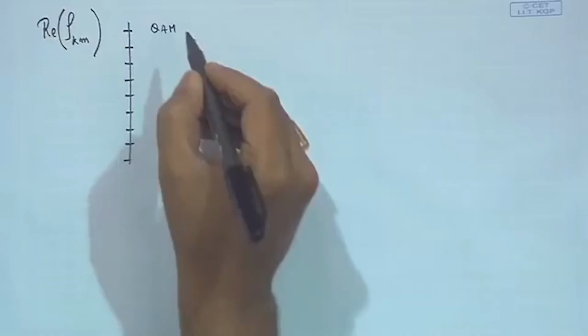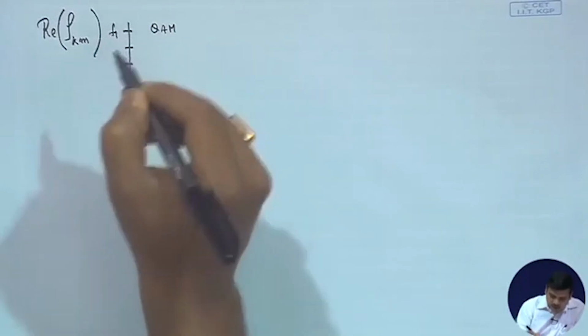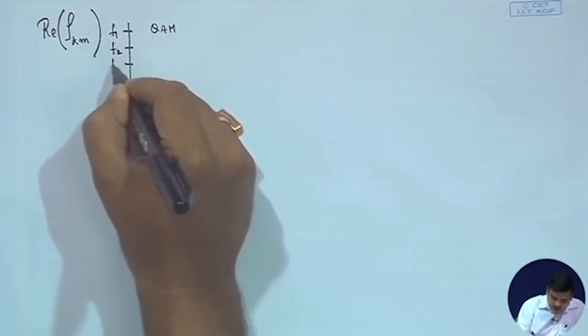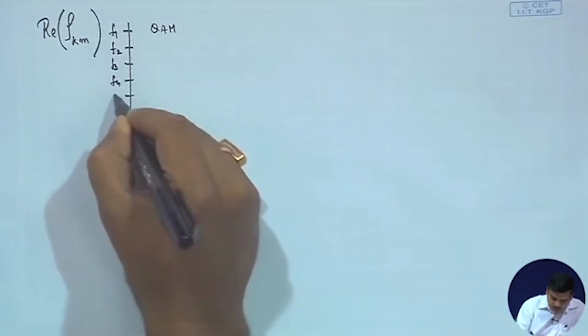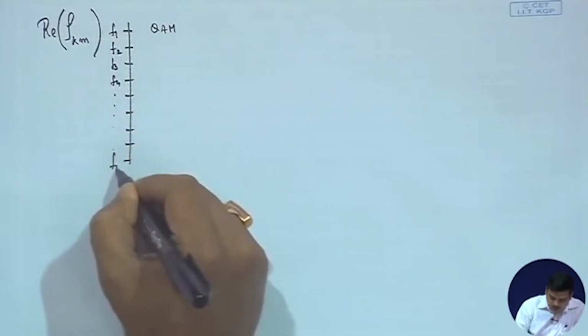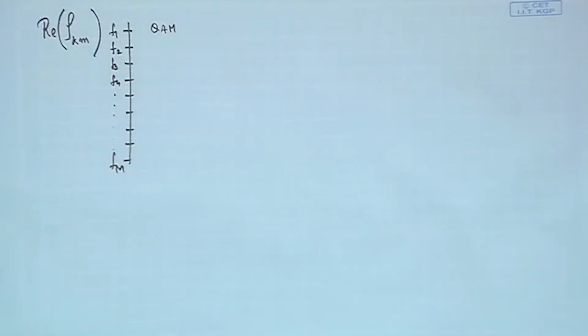Let this frequency be f1, this be f2, f3, f4 up to fm. If any one particular frequency chooses a QAM signal, then we are effectively sending more bits even after choosing a particular signal, right.